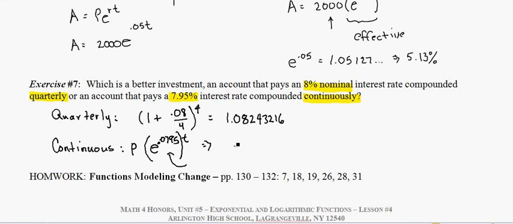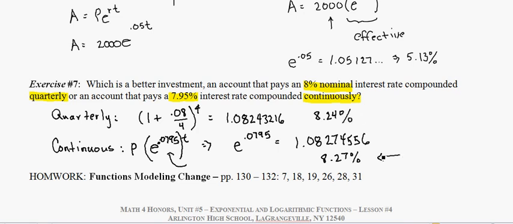So if we just do e to the 0.0795, we find 1.0827456, and maybe to the nearest hundredth, that would be 8.27%. This would be 8.24%. So our continuous wins.